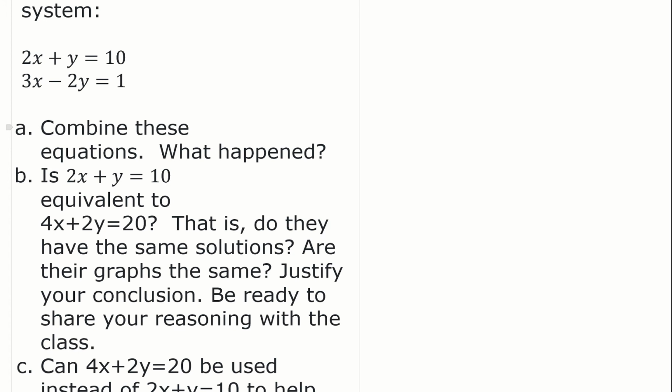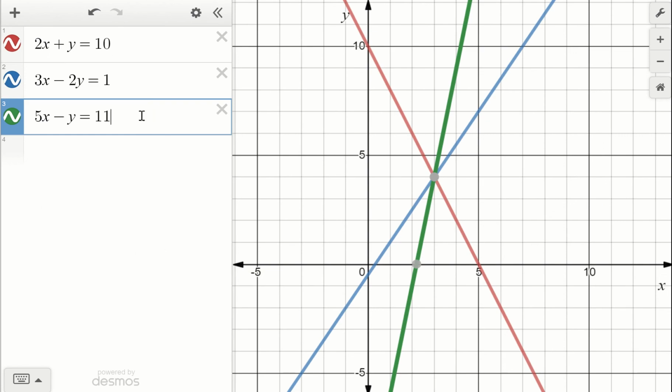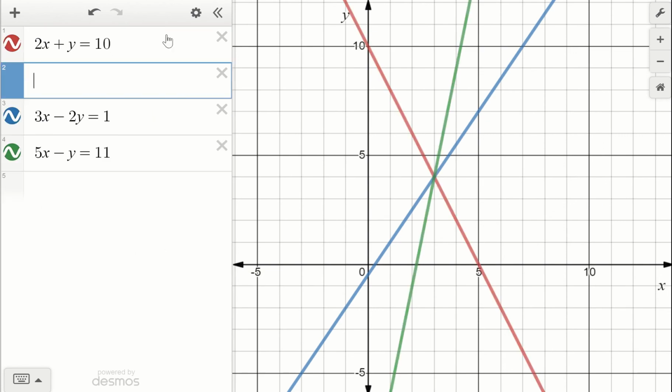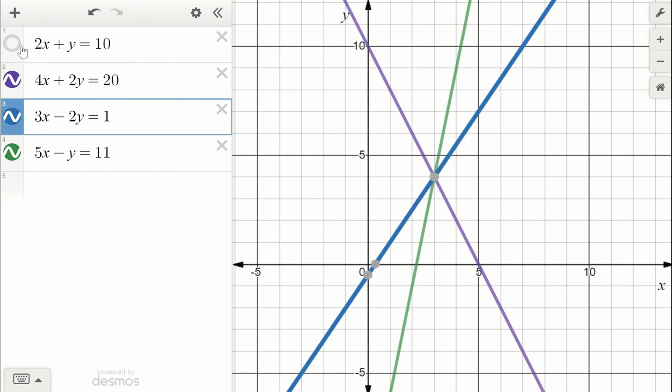Is 2x plus y equal to 10 the same or equivalent to 4x plus 2y equals 20? And we can clearly see that if I come up here. We've got this equation, and I want to see is that red one the same as 4x plus 2y equals 20? And I can see it is, right? These two equations, the one in red and the one in purple, are clearly equivalent equations.